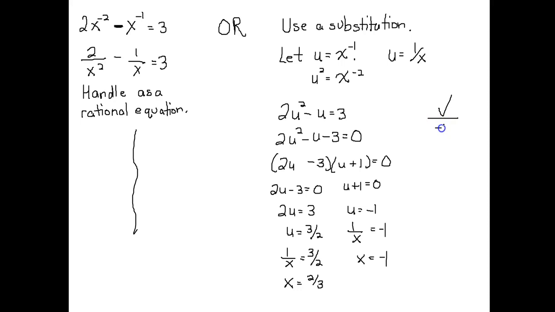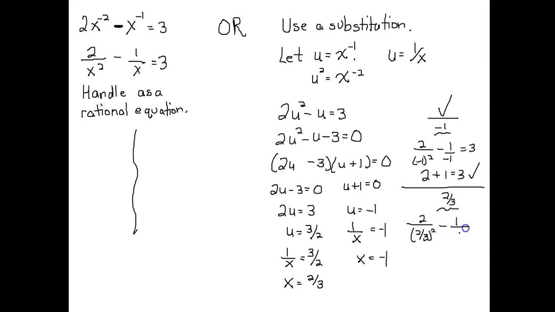Let's see, let's check negative 1 first. 2 over negative 1 squared minus 1 over negative 1 equals 3. So 2 plus 1 equals 3. Yep, that works. Then 2/3. 2 over 2/3 squared minus 1 over 2/3 equals 3.